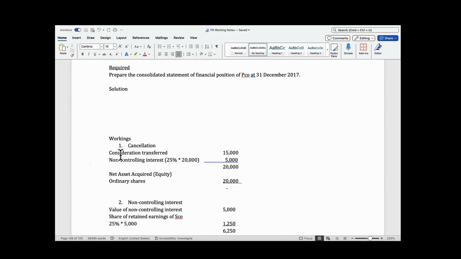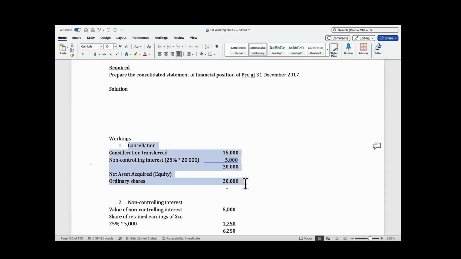This is how I solved that problem. When I was cancelling out, I took the money I paid, 15,000, and the non-controlling interests that I said we would consolidate, I just added it. I need 25% of 20, which is the equity or ordinary shares of the subsidiary. So I got 5. So these two will then cancel out. This is how IFRS 10 says we should do that cancellation.